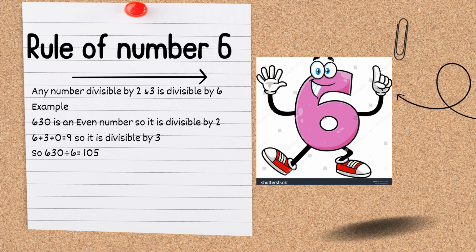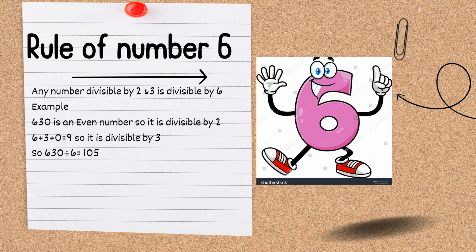What if the number is divisible by 2 but not divisible by 3? It will not be divisible by 6. 6 will not play with it. What if the number is divisible by 3 but not by 2? 6 will not play either. The number must be divisible by 2 and 3 altogether.